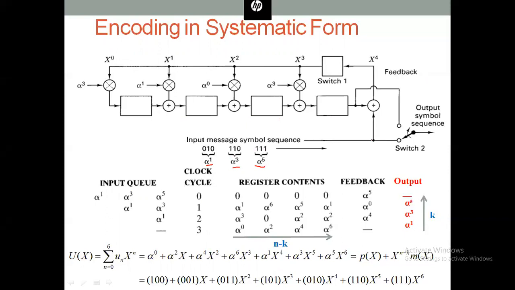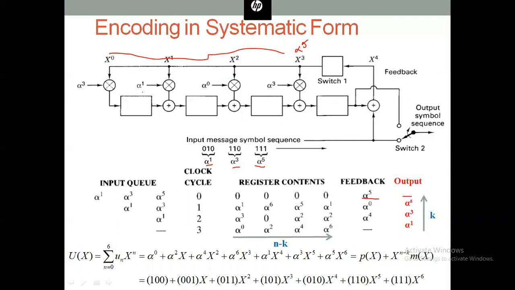For example, initially we have the contents 000 in the shift registers, and we feed back alpha 5 to the register. So we feed alpha 5 to the register, and when 0 is summed up, it will not make any changes to alpha 5. So all these values are alpha 5.